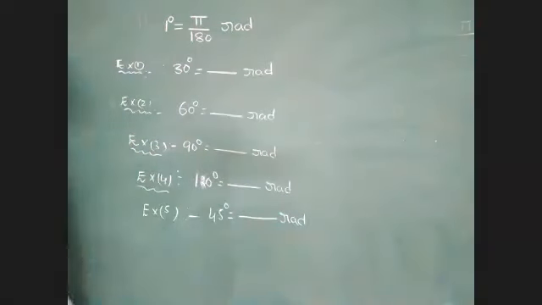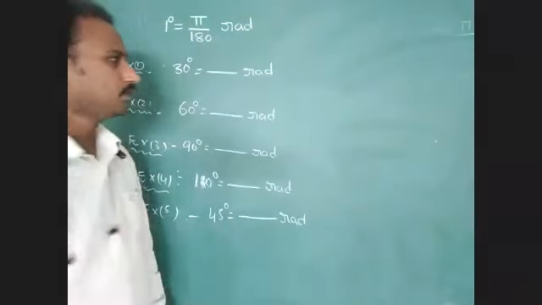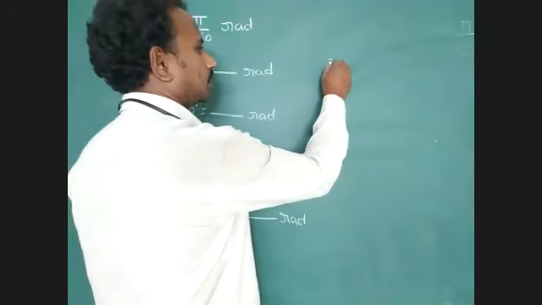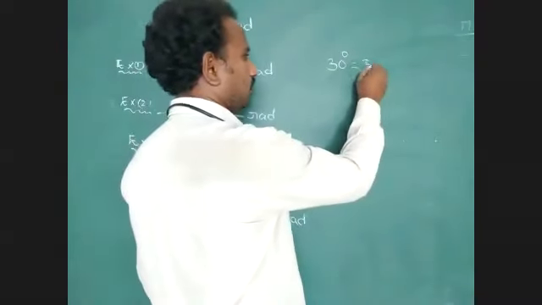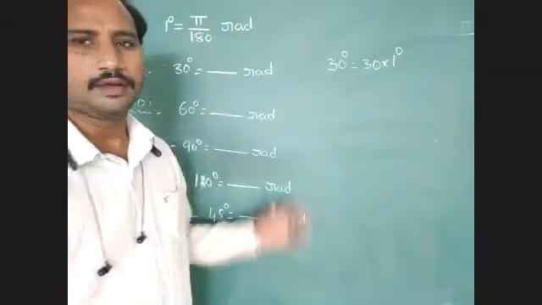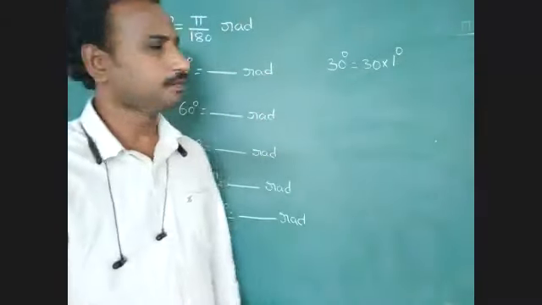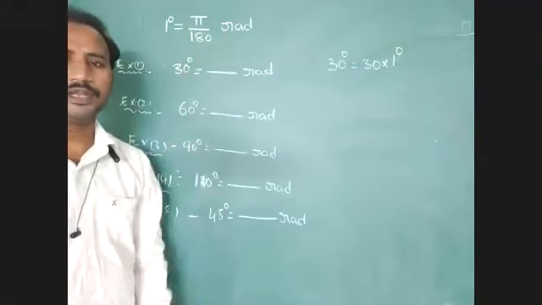Now find out 30 degrees equal to dash radian. First we can identify 30 degrees. 30 degrees equal to 30 into 1 degree. 1 degree value equal to how much? Pi by 180.